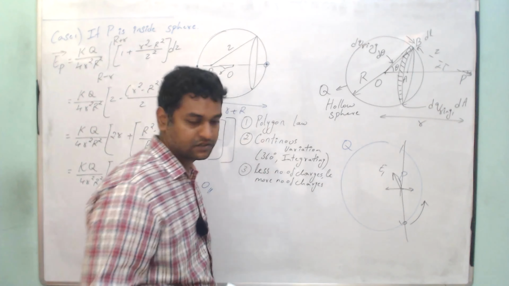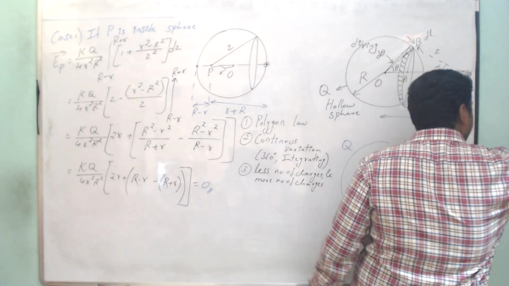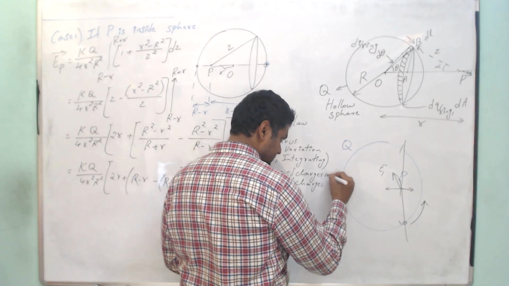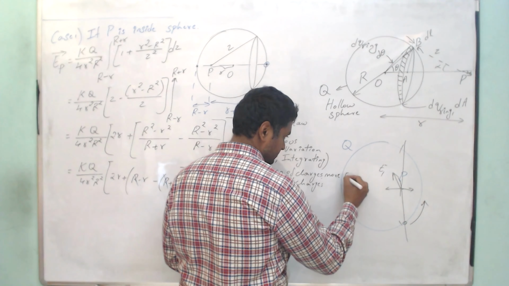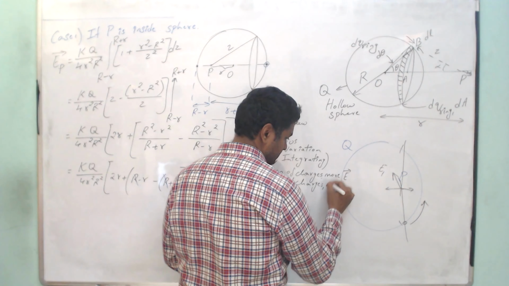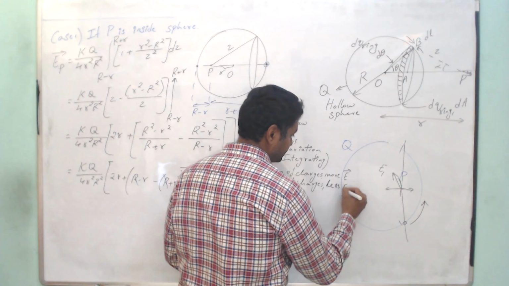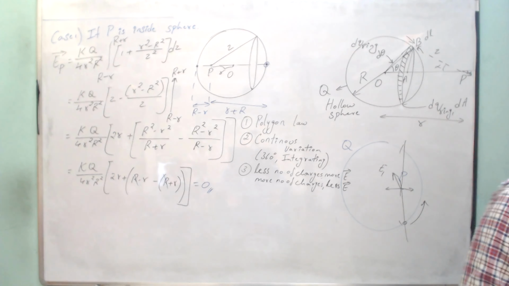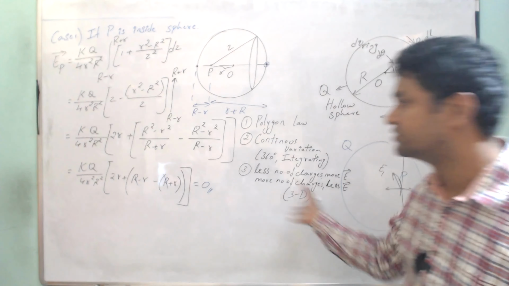Less number of charges, more electric field. This way also you can look at it. And in this we are talking, it's a 3-dimensional story, so definitely it should be 0.